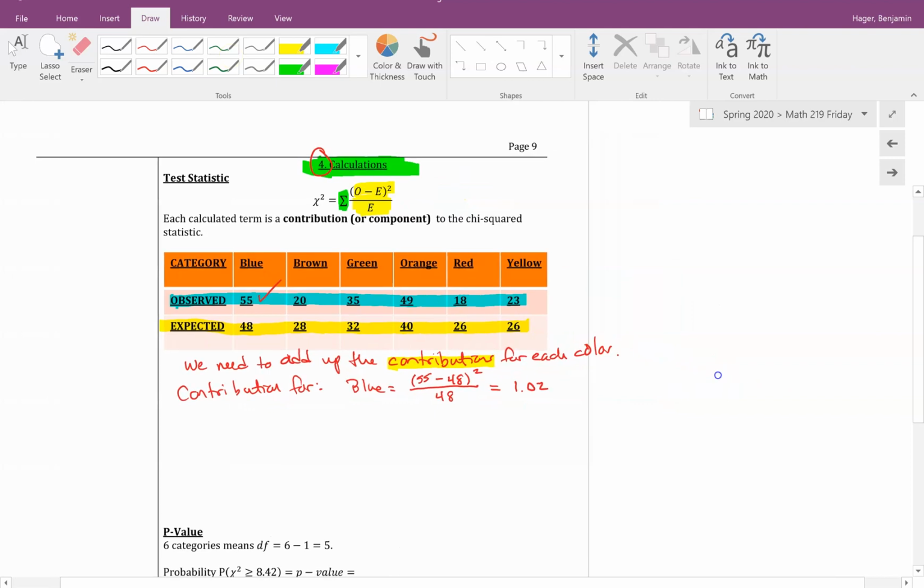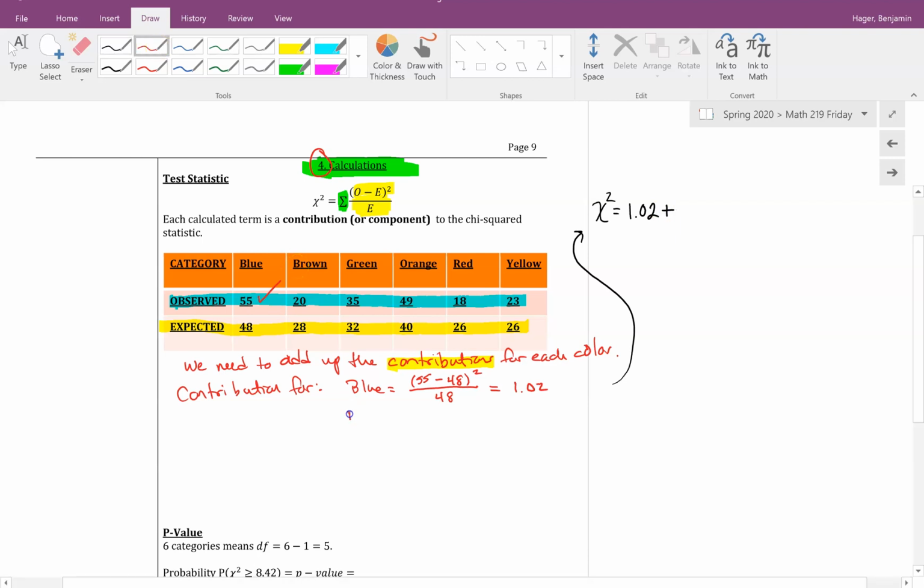And so if I'm going to find chi-squared now, I'm going to take all these and say, okay, the chi-squared test statistic is going to be the contribution from blue plus the contribution from the next color, so how about from brown? What I observed was 20. What I expected was 28.